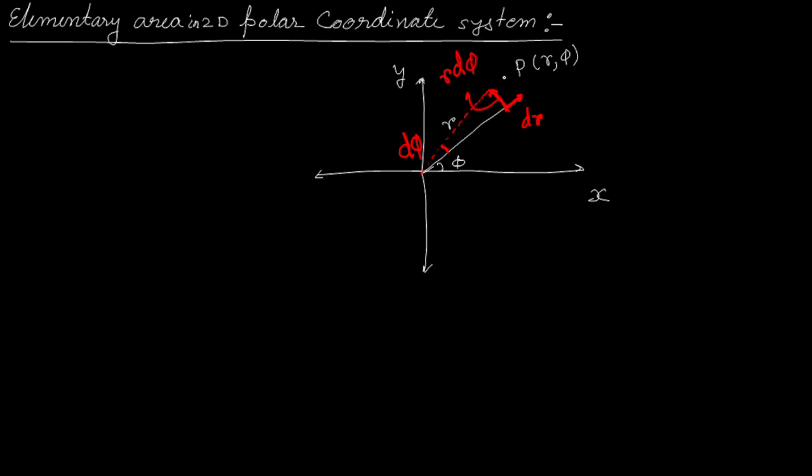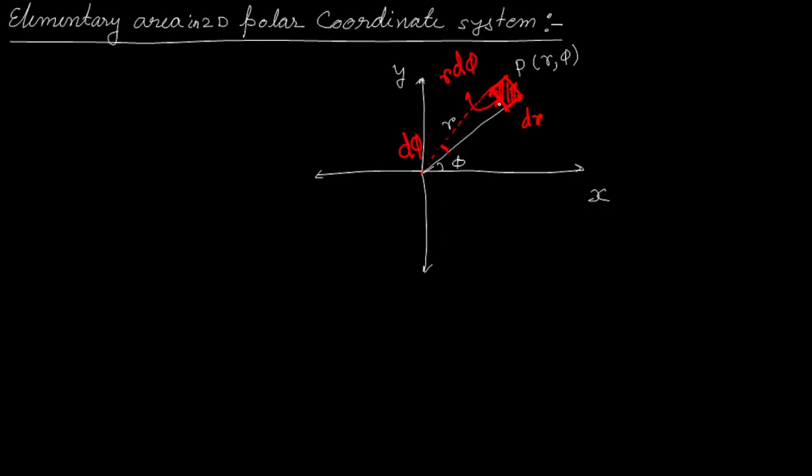Since dr and d phi are very, very small, if we draw a parallel line here and a parallel line here, this gives the elementary area in the 2D polar coordinate system. What will this area be?